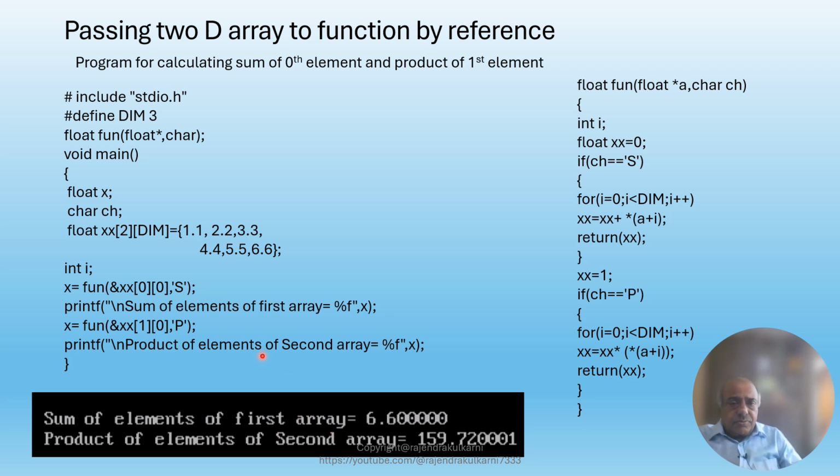Sum of the elements of the 0th element of the 2D array, which is a summation of 3 values of the 1D array, becomes 6.6, and through this printf we are getting the value returned by the function fun when we send the p character for getting the product.